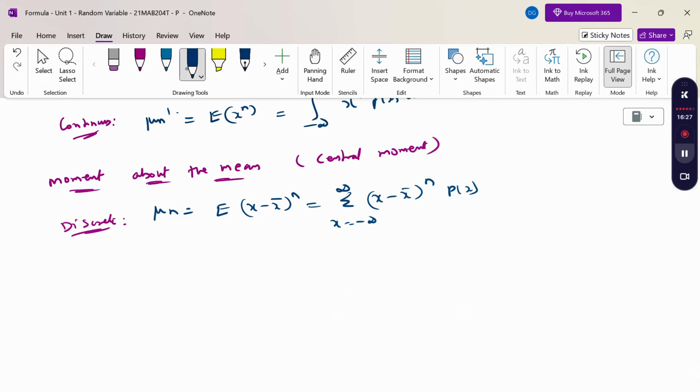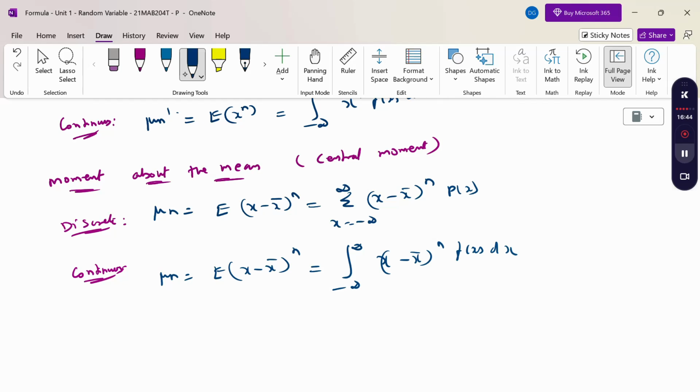And the continuous: mu n equal to expectation of (x minus x bar) whole power n, integral from minus infinity to plus infinity of (x minus x bar) whole power n f of x dx. This is the moments about the mean.